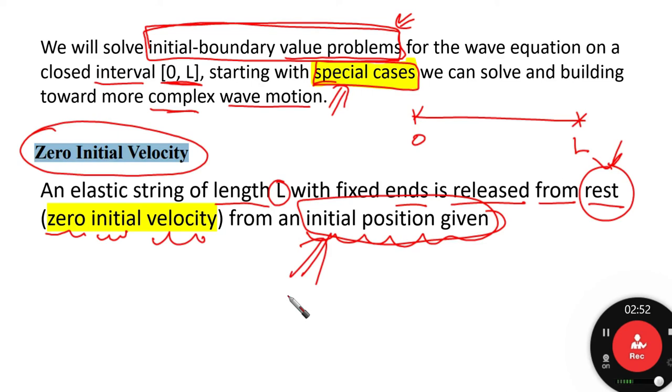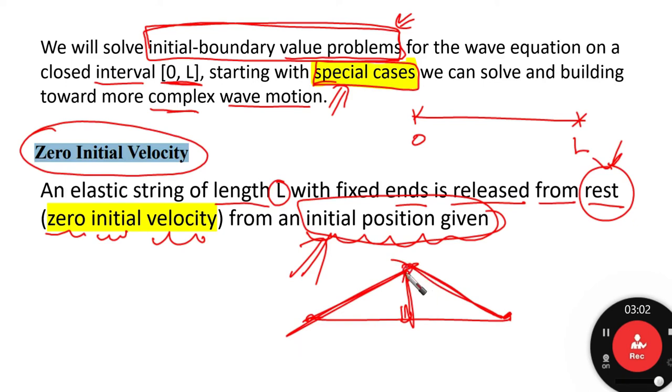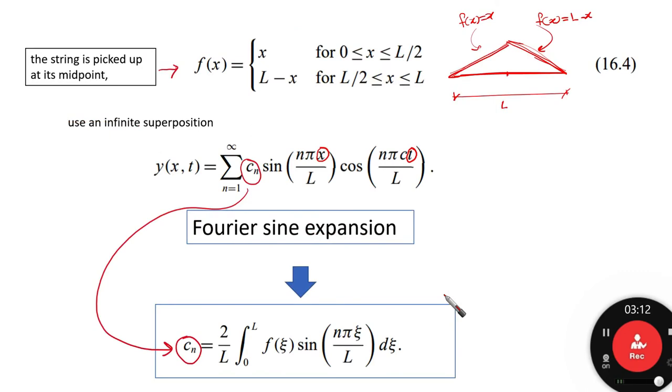As you have a string, for example, you pick it up here, you are moving it up, for example, here. So this is the initial position here, with zero initial velocity. You are putting it in this position, keeping it, and leaving it after that.